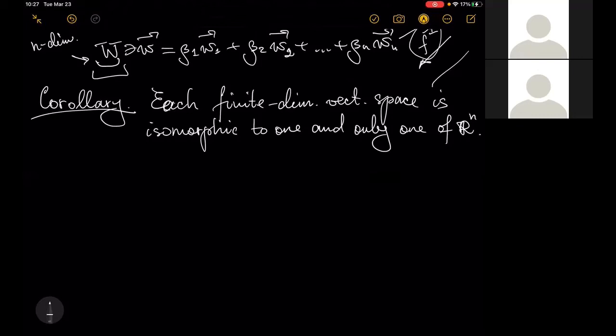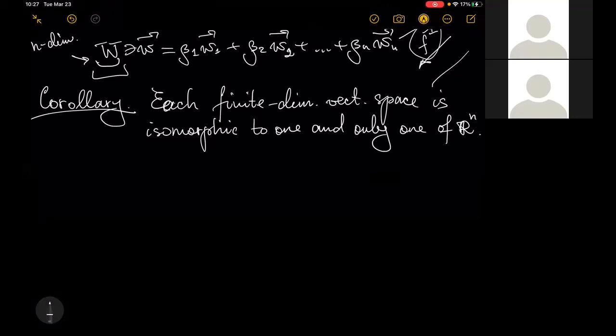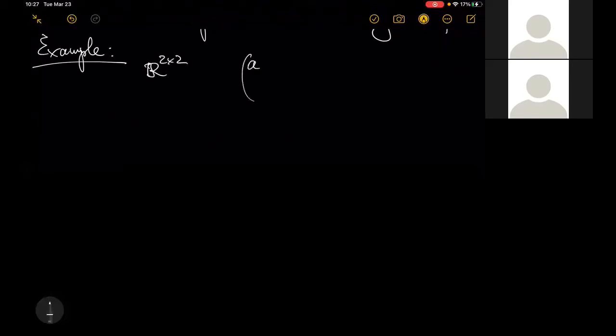Column vector with n entries. So example, let us consider 2x2 real matrices. So we have A, B, C, D, right?